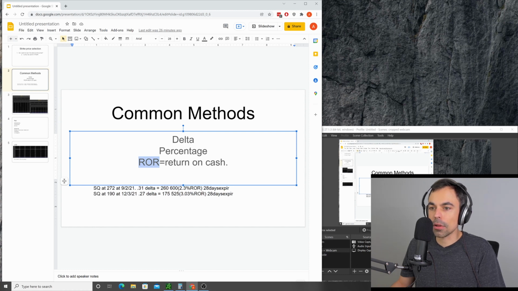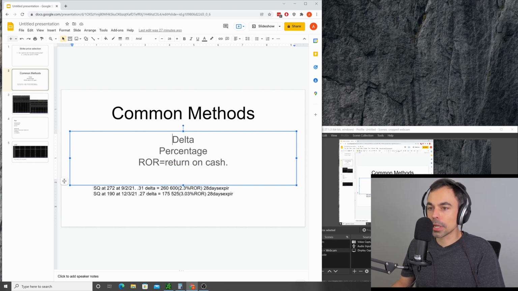Basically it's the return on the cash and not the buying power utilized, which I think is very important if you want to do cash secured puts and not be selling naked puts.